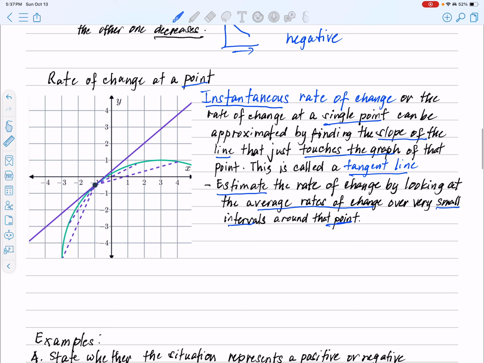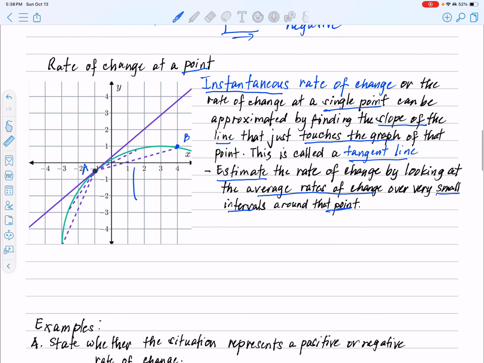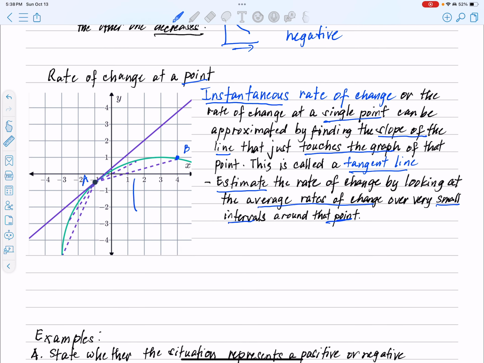So let's look at this graph on the left side right here. We can see a dashed line. For example, one point is right here. This is point A, let's say, and this is point B. If we try to draw a line and connect them, we have a certain value for the average rate of change.